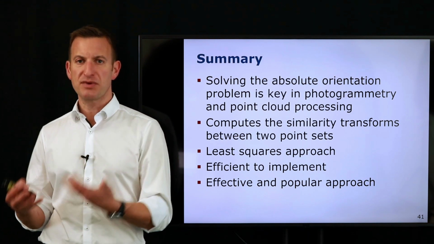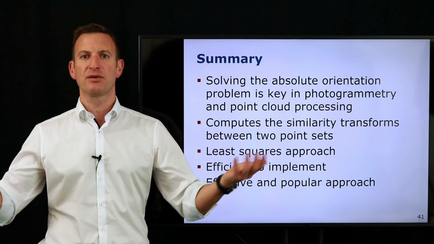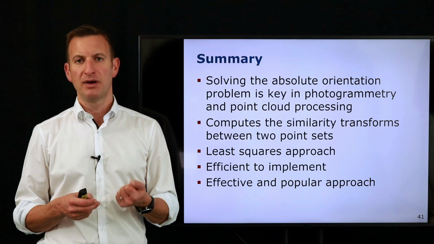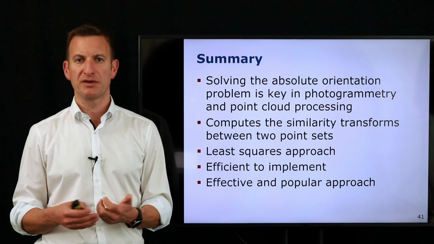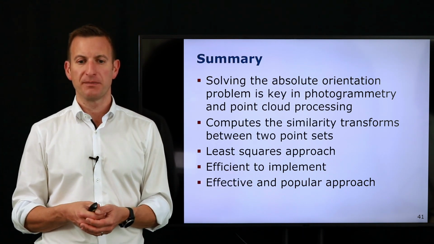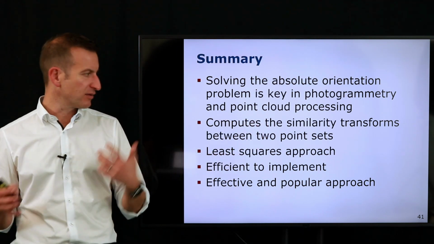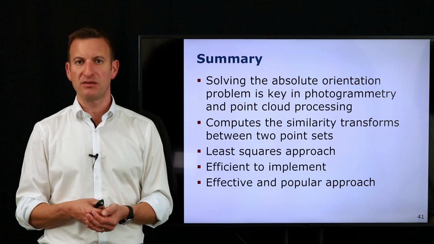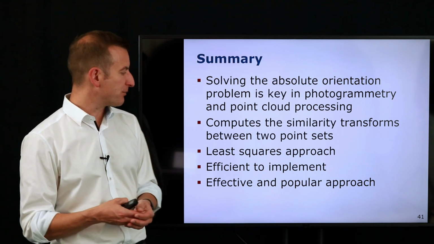When you do a 3D reconstruction from camera images, where you don't know the scale and you don't know where those cameras are in the real world, the absolute orientation problem, through a set of at least 3, preferably more control points in the world, allows you to anchor this photogrammetric model in the real world. And what we do is compute a similarity transform that transforms 2 point sets into each other. And this is also something that the ICP algorithm uses, except that we don't need the lambda parameter over here.